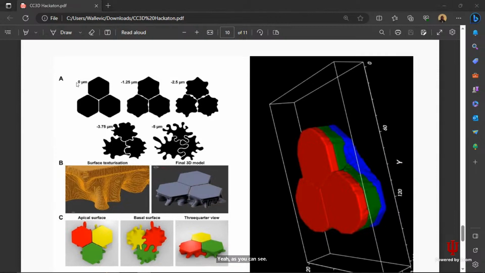Okay, so this is the exact one we're trying to reproduce. Under figure A, the last image, we want it to produce irregular structures at the edges, exactly the way we have it here. So I tried introducing noise into the CompuCell Python code for just the basal surface, however, it isn't working.